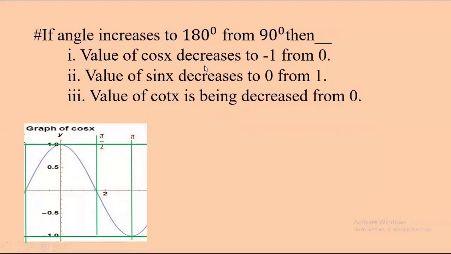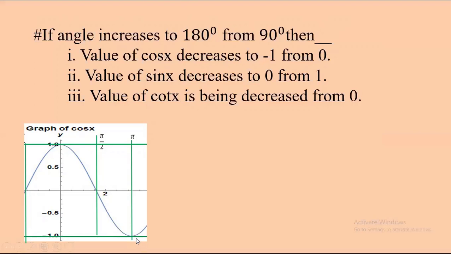You see the graph, that is when it is 90 to 180. What about the changes in the cos graph? For 90 to 180, what happens? The value decreases from 0 to minus 1. So option 1 is correct. For pi by 2 to 180, the value decreases from 0 to minus 1.